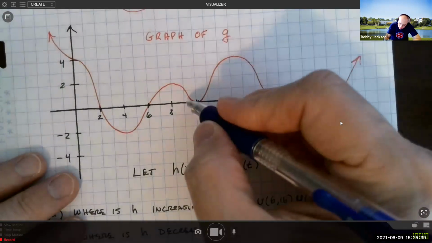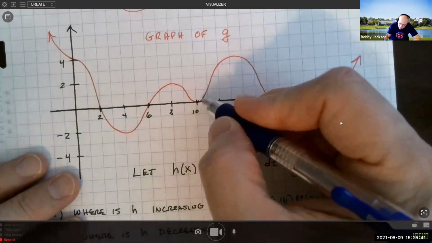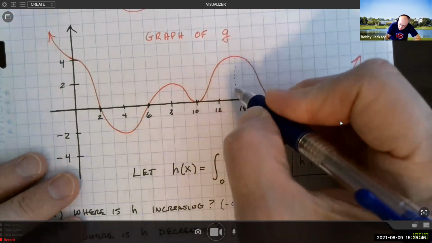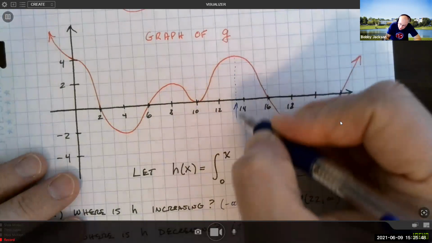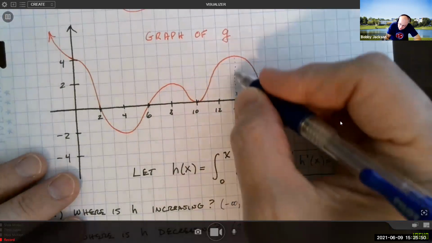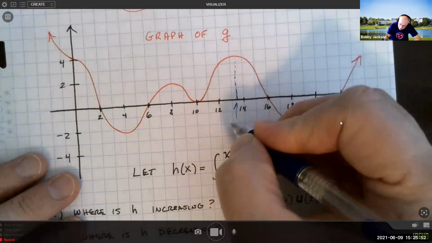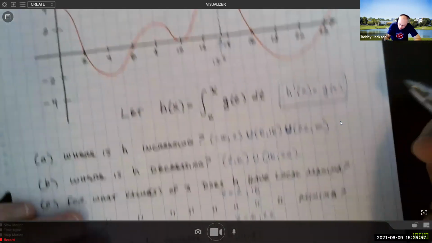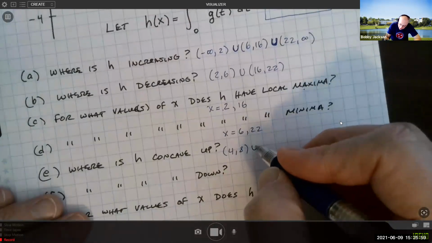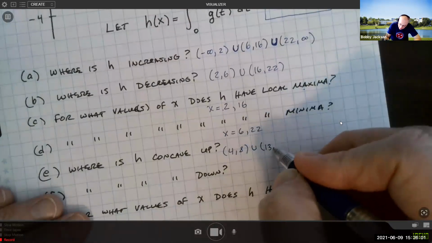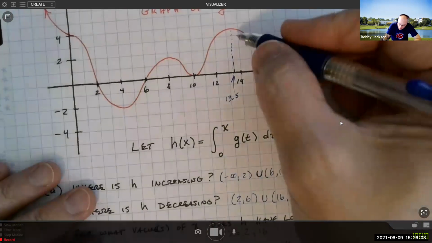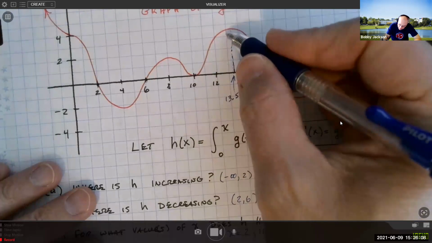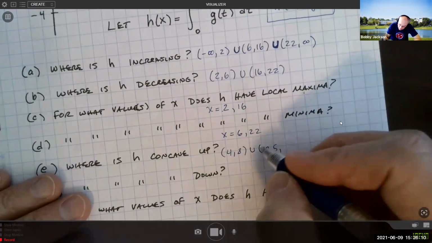And then where else are we increasing? From 10 until what? It looks like about 13 and a half, roughly, maybe 13.4, it's a guesstimation, but we'll say 13.5.